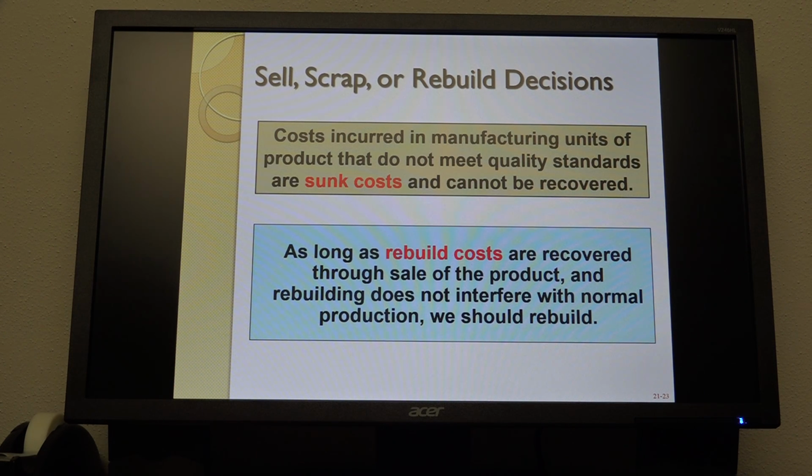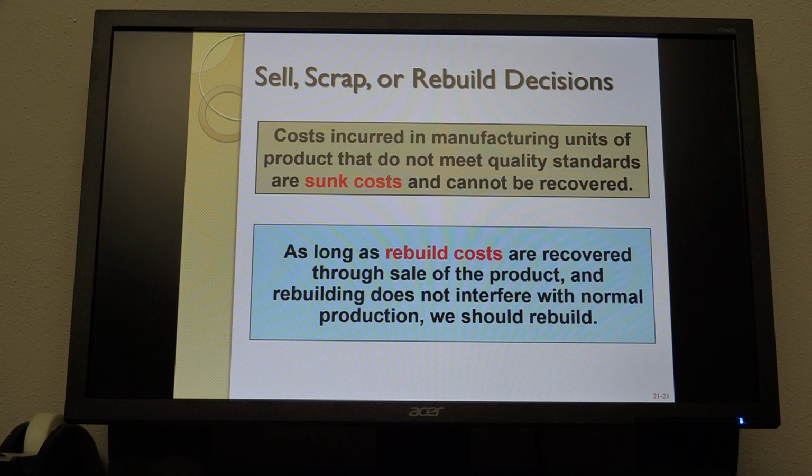And so the main thing to consider here is that the costs incurred in manufacturing the units of products that don't meet quality standards are sunk costs and can't be recovered. Therefore, it's irrelevant to your sell, scrap, or rebuild decision.